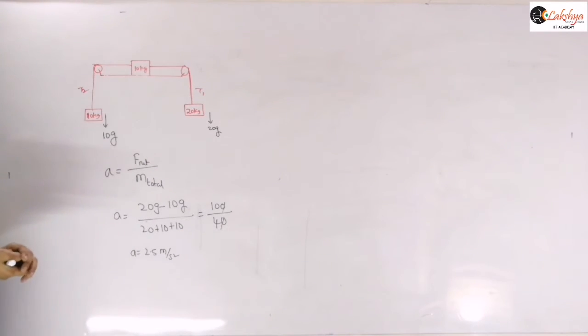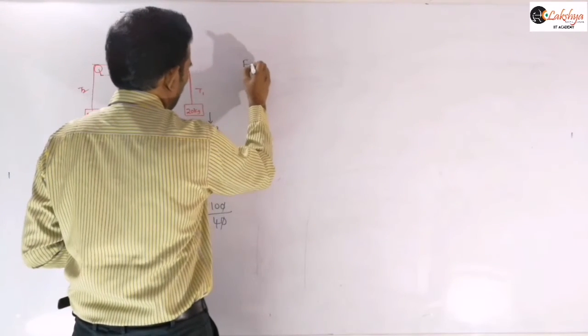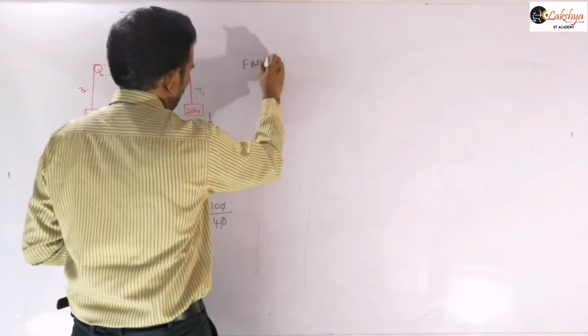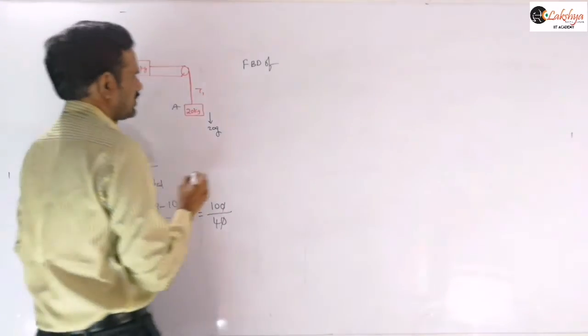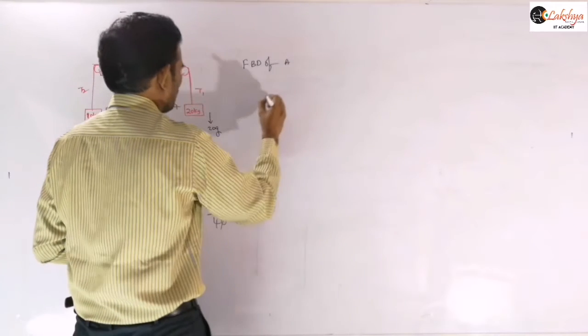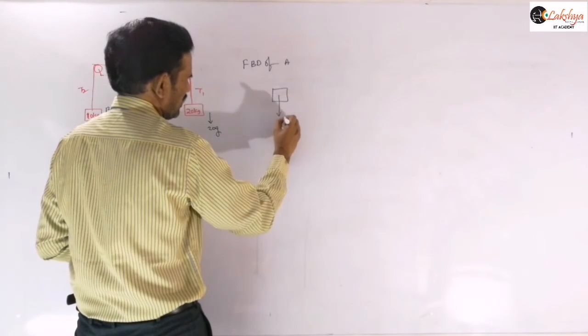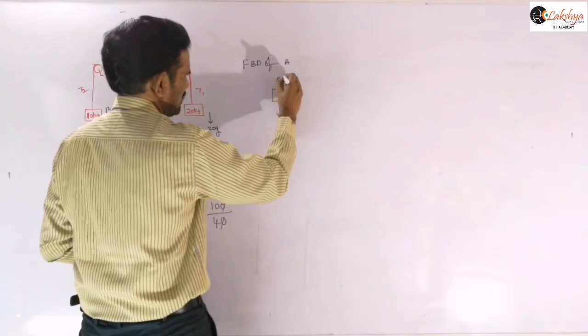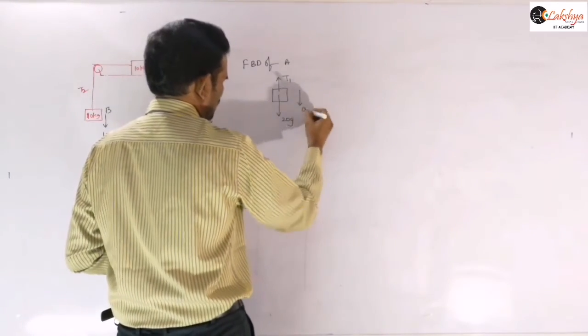Now you may take the free body diagram of the 20 kg and the 10 kg blocks, then you will get the acceleration of each block. I am naming these blocks A and B, because the 10 and 10 are there. So the FBD of A I am taking here. The remaining calculation you can do. This is 20g and this is T1, and the system is accelerating downwards.